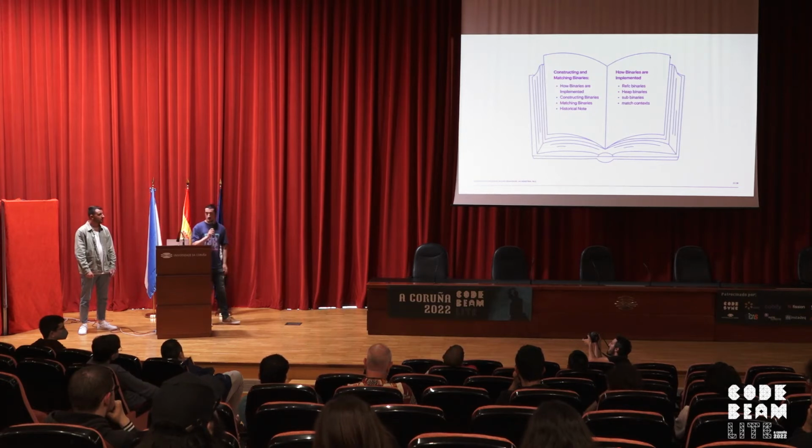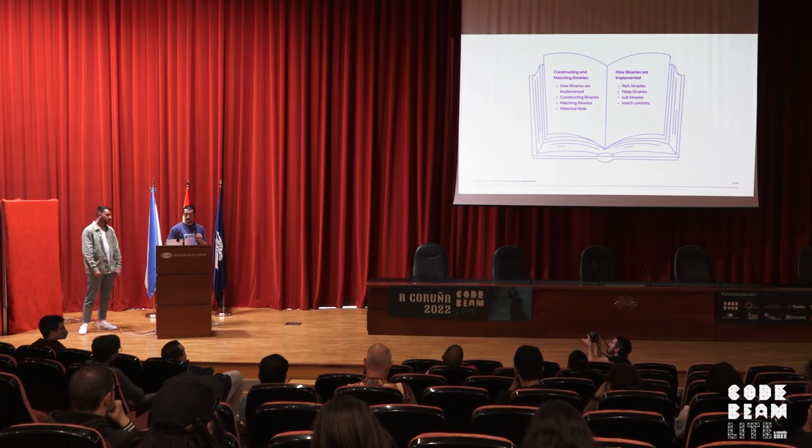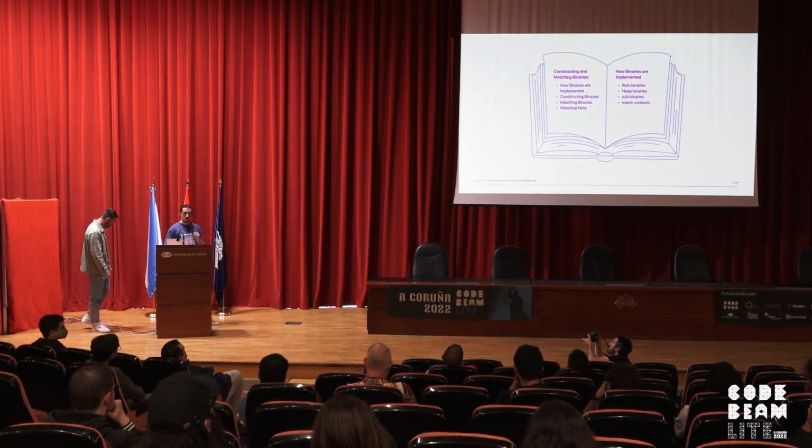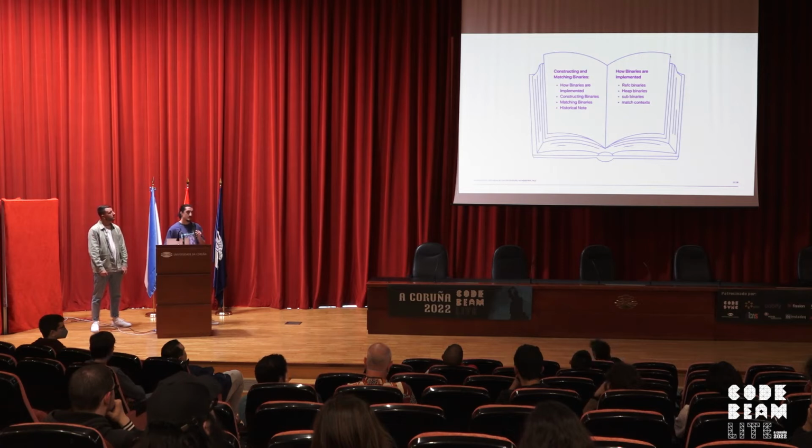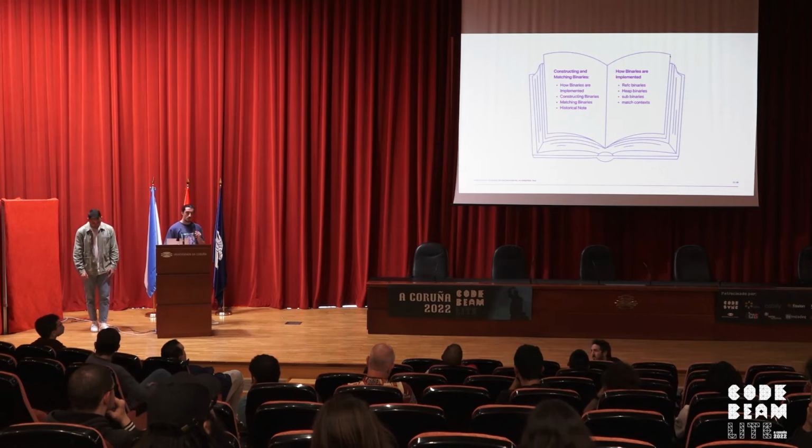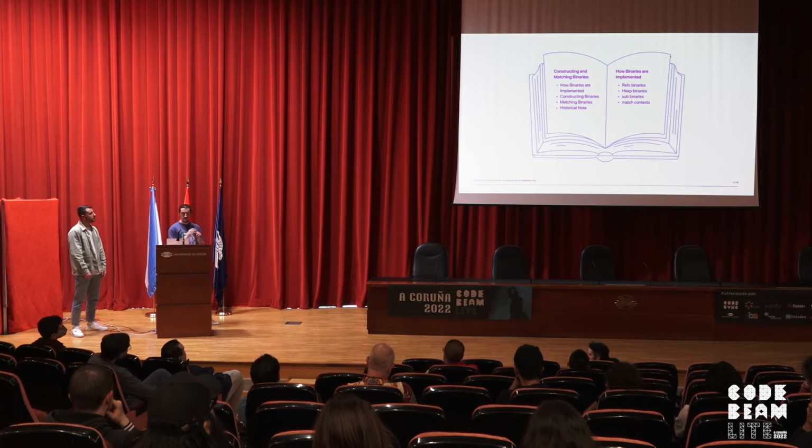And here we find that we have 4 types of binaries in Erlang. The first 2, RefC binaries and heap binaries, are actual binary containers. This means that these binaries are the actual binaries on the memory structure, either on the process heap or on a separated heap. And the other 2 types are binary references to those containers. So we have sub-binaries and match contexts.